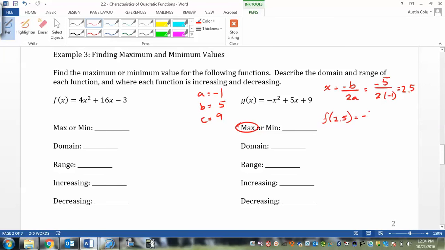I'm going to have negative times 2.5 squared plus 5 times 2.5. I'm going to run out of room here. Plus 9. I'm going to erase it. Start over. F of 2.5 equals negative 2.5 squared plus 5 times 2.5 plus 9.